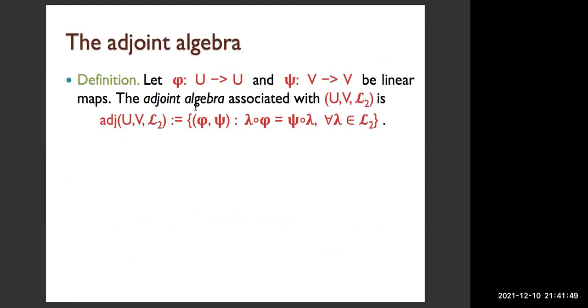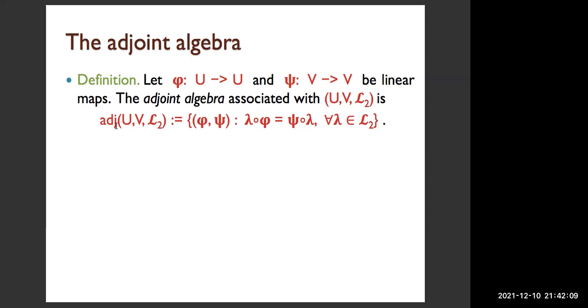The adjoint algebra is an object which is associated with this triple U, V, and L2. L2 is acting on U and taking U to V, right? And it is a set of tuples, which are linear maps, phi and psi.